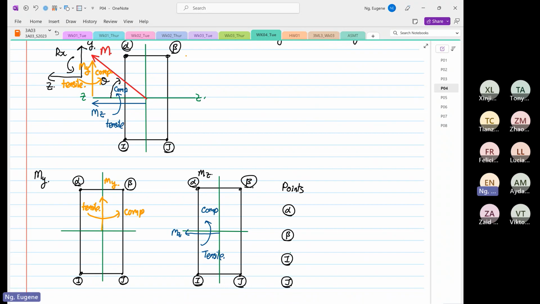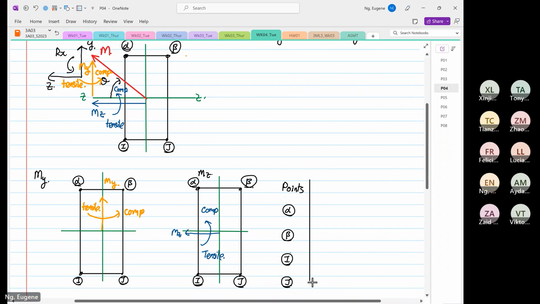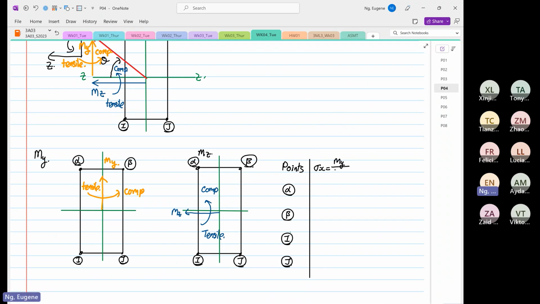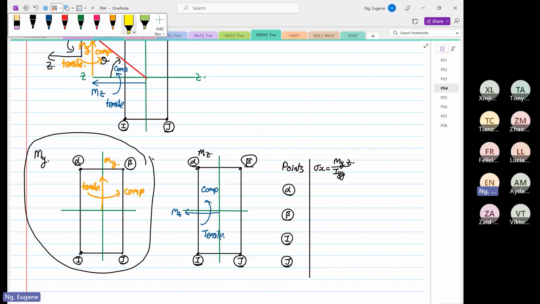The first one we are going to work on is stress X is equal to My over Iyy multiplied by z. We focus on the moment about y. The centroid about My is highlighted in yellow.